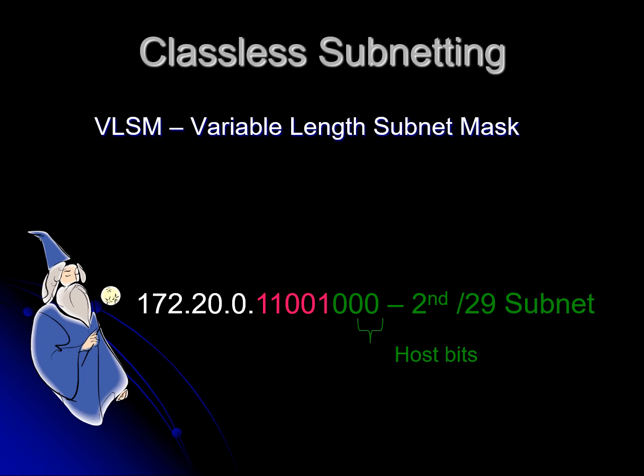So we currently have 3 host bits in the /29 subnet. We just determined we only need 2, so we have a bit left over to be used for subnetting. It's pretty much resubnetting a subnet.